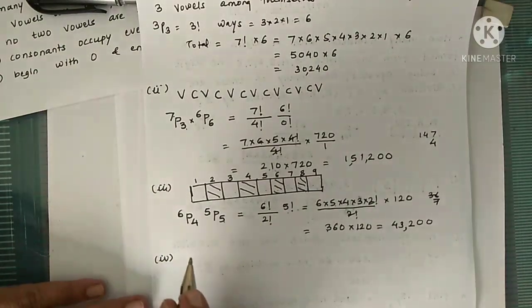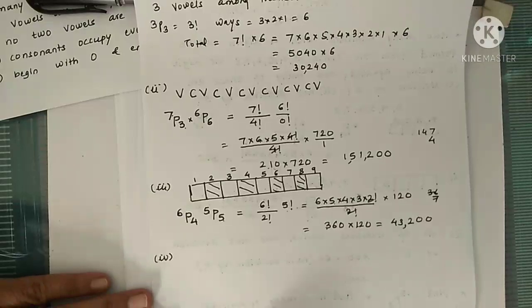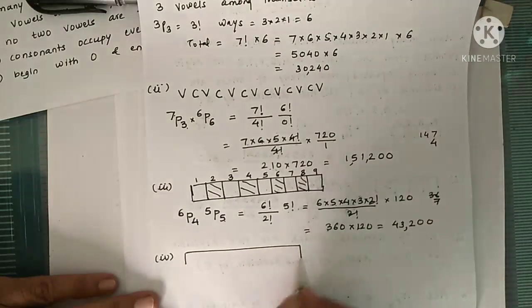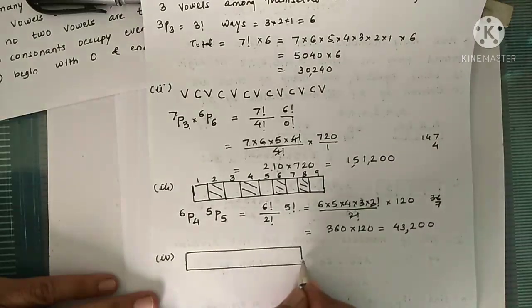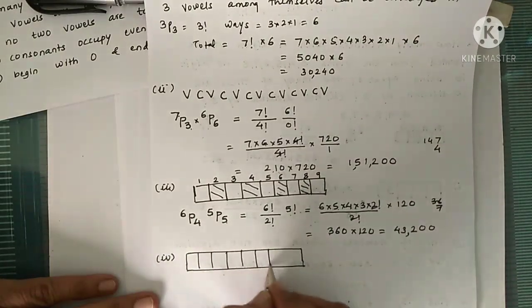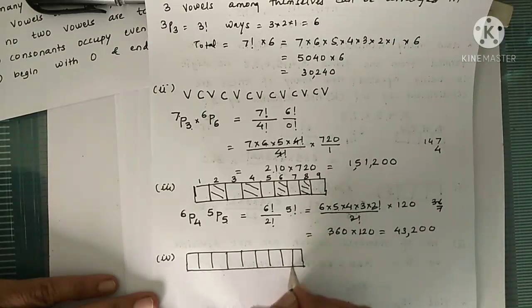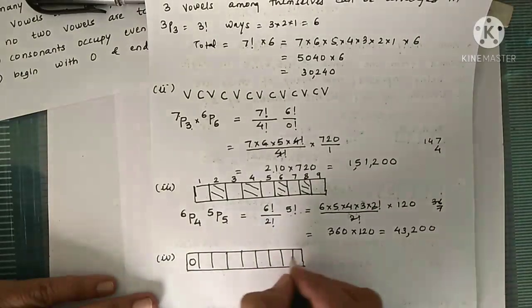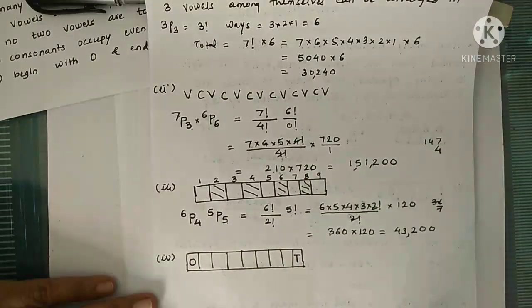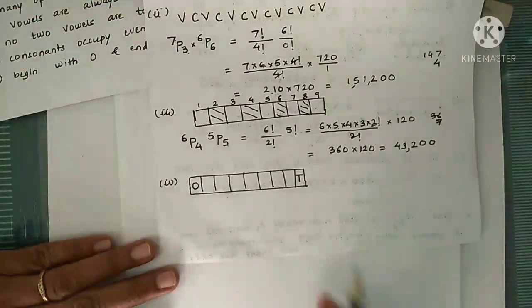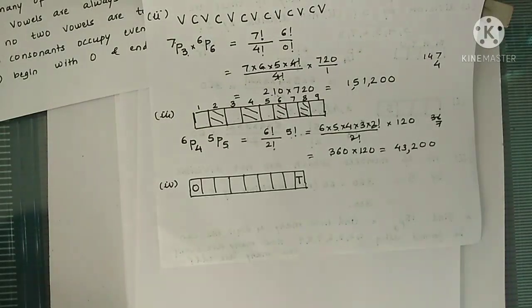Now for the last one. The last question is the arrangement should begin with O and end with T. So total we have 9 positions: 1, 2, 3, 4, 5, 6, 7, 8 and 9. So we want this arrangement to begin with O and end with T. So let's fulfill the condition first. Let's place O in the first position and T in the last position.